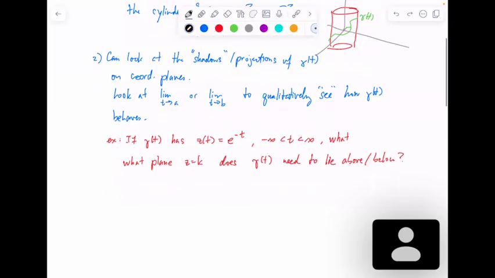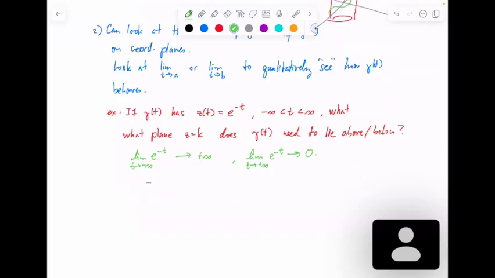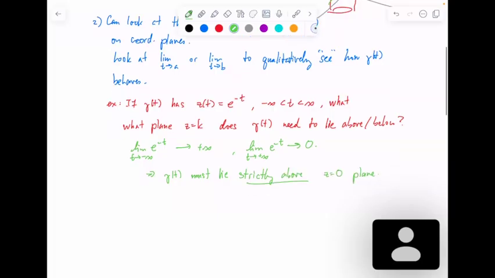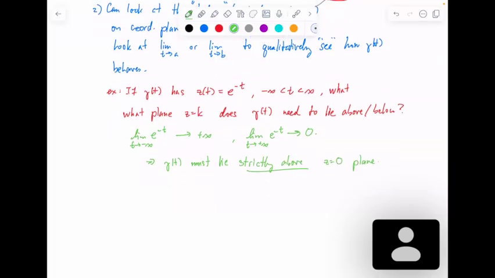So the qualitative answer is, as you take the backwards limit, e to the minus t diverges, does not converge, but it diverges to plus infinity. And as t goes to plus infinity, e to the minus t approaches 0. So that means that gamma t must lie strictly above the z is equal to 0 plane.